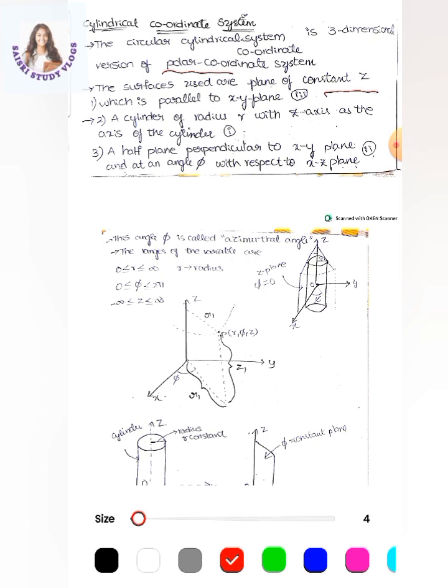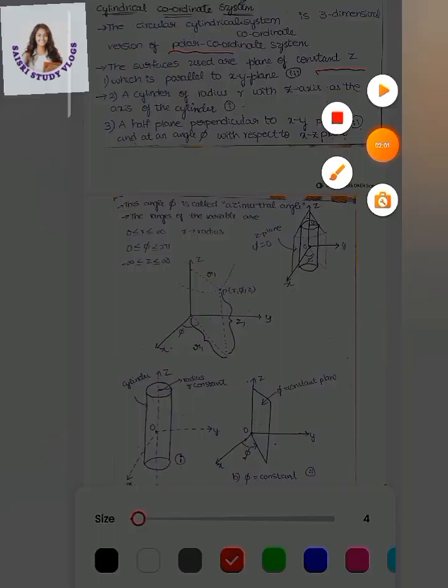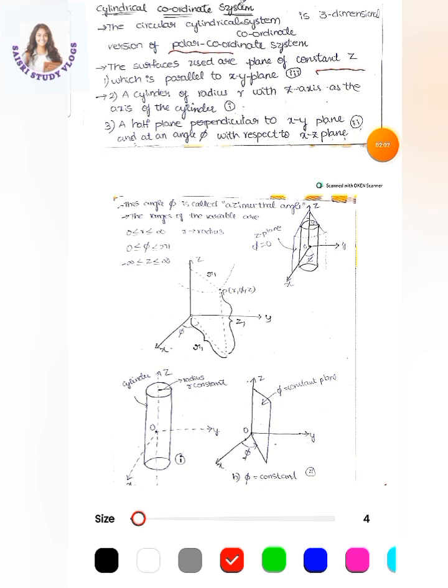I will show the animation so that you can understand better. The second one is a cylinder of radius r with the z-axis as the axis of the cylinder. And the third one is a half plane perpendicular to the xy plane, at an angle phi with respect to the xz plane. Don't be confused, I will show the animation for the three cases so that you can understand the cylindrical coordinate system in a better way.